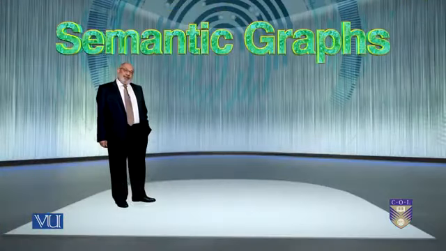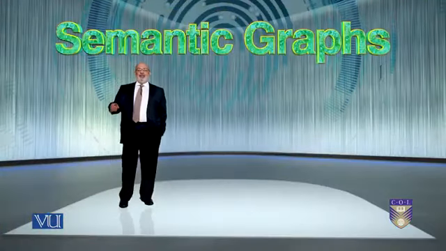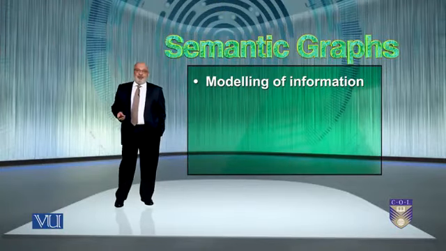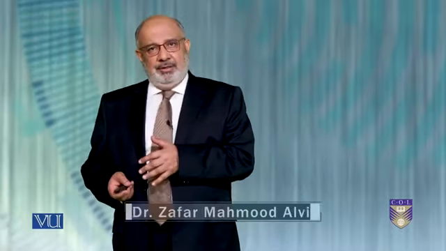Semantic graphs, another very interesting feature. Semantic graphs are more concerned with modeling of information, based on semantic representation. Semantic means the language thing. You say a cat is a mammal. A mammal is an animal.